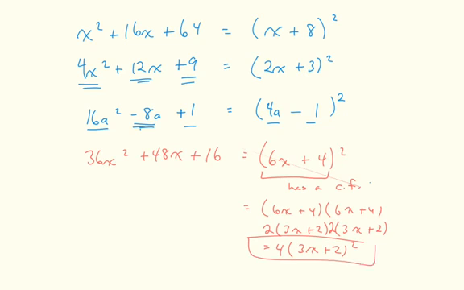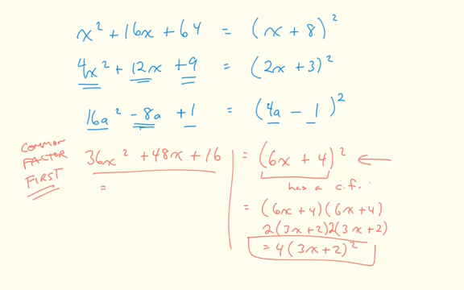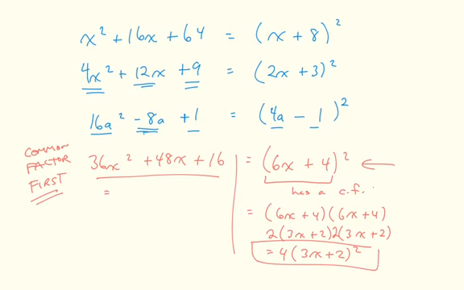Now, I can avoid all this, and avoid maybe stopping after the first step and thinking I'm done, if, as I mentioned before, I recognize that there's a common factor and I really want to take that common factor out first, always, right? So for this expression, if I was to take out a common factor, it looks like 4 is a common factor.